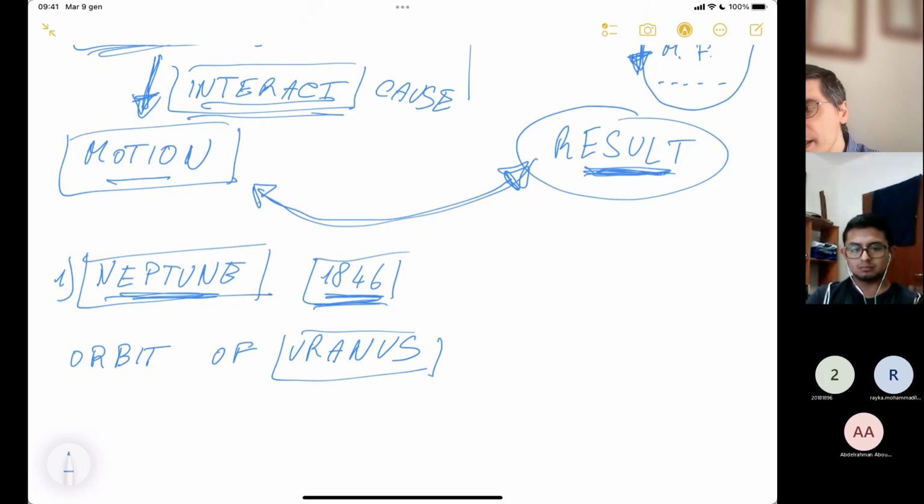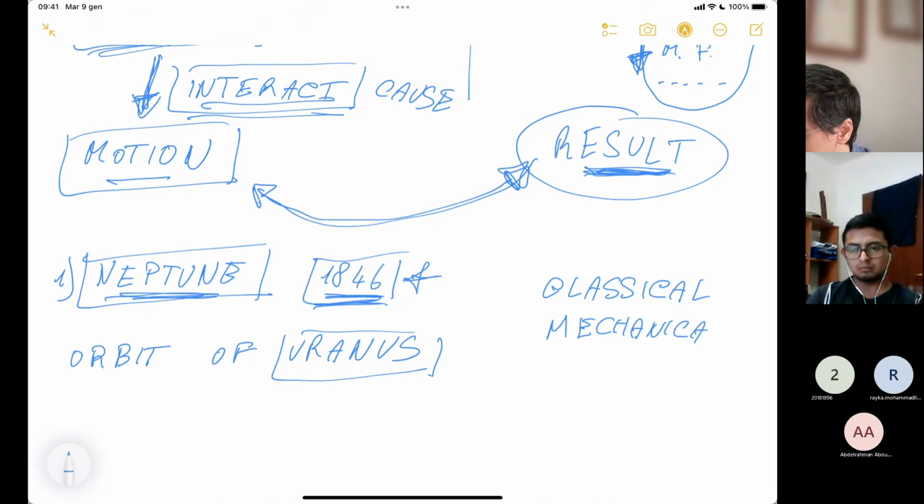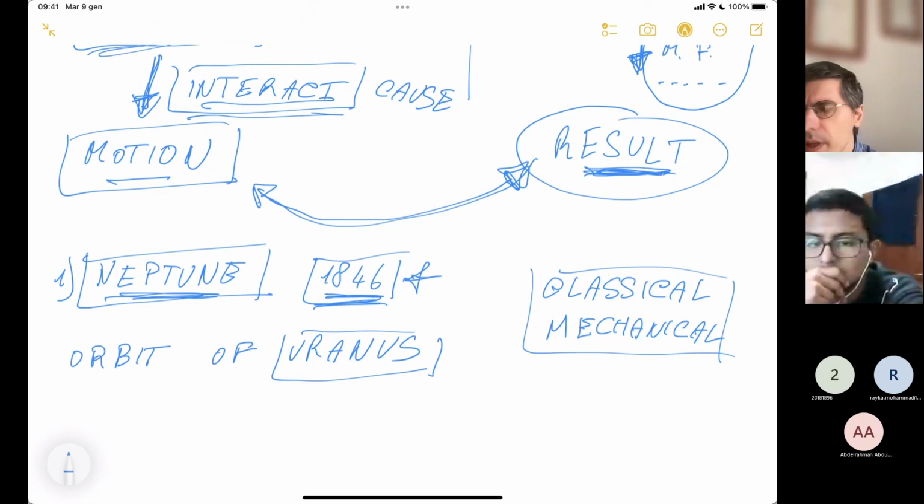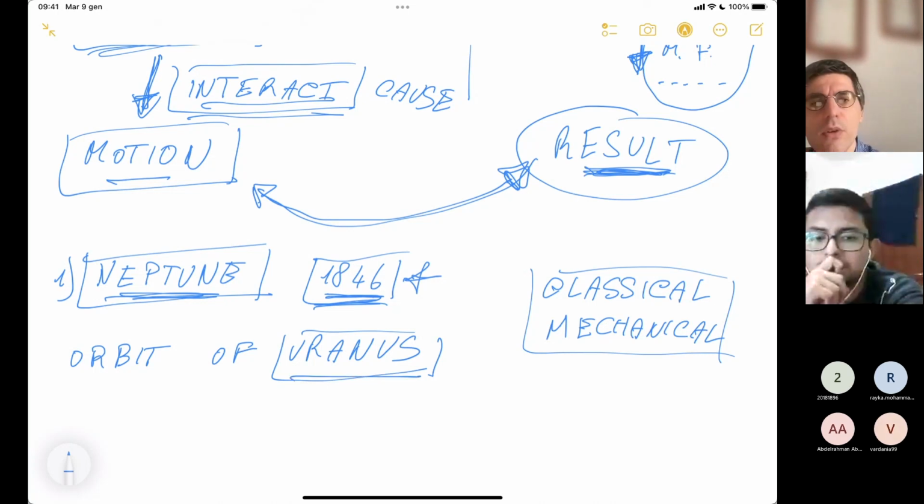The point is that when one applied in that time the classical mechanical theory, I mean the Newton laws at the end of the story, what are known as the Newton laws, they simply saw that the orbit of Uranus was different from what the theory of the classical mechanics predicted.